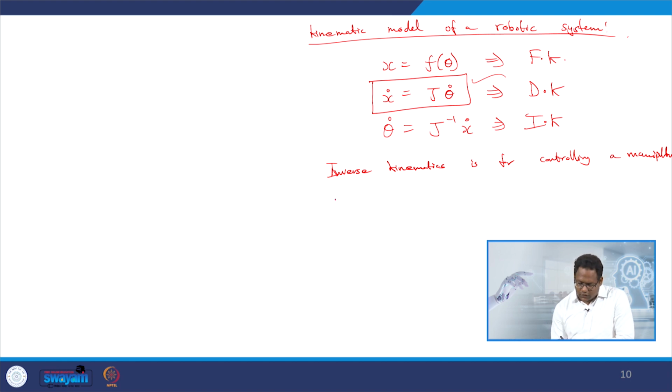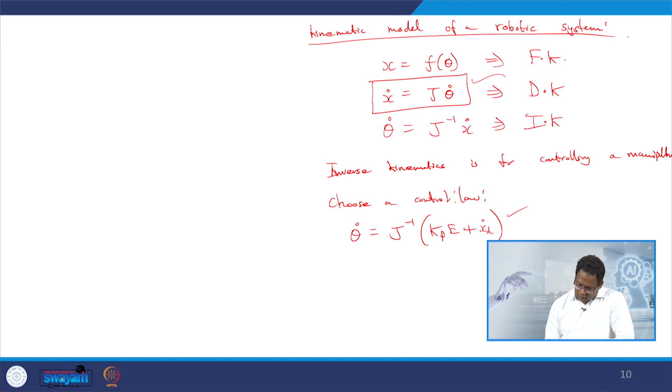So, let us choose a control law, which is given by theta dot equal to J inverse multiplied by (Kp times error plus x d dot). Okay, so, this is the control law.